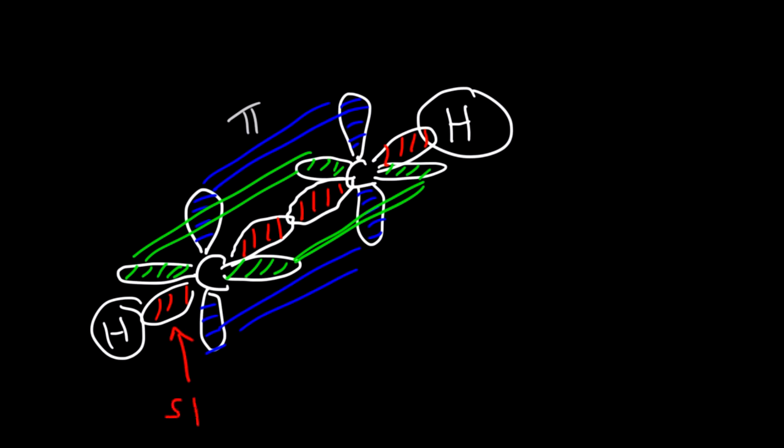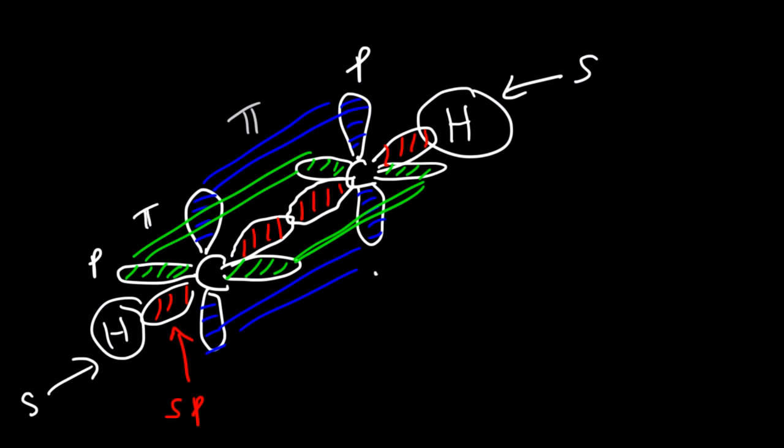So this is sp, and the one in blue and the one in green are unhybridized p orbitals, and H is an s orbital. So you can see we have two pi bonds, one in blue and one in green.